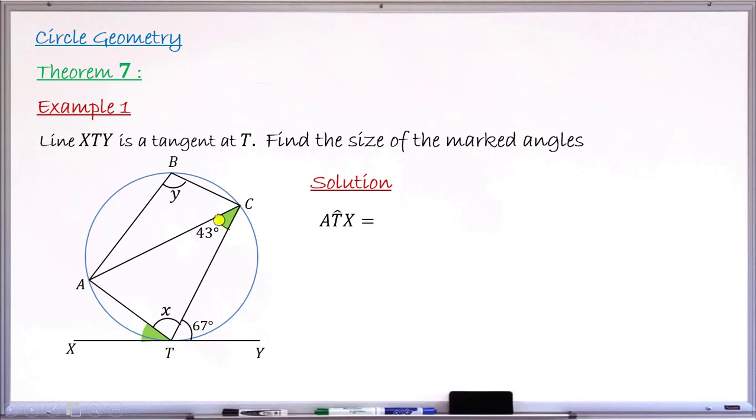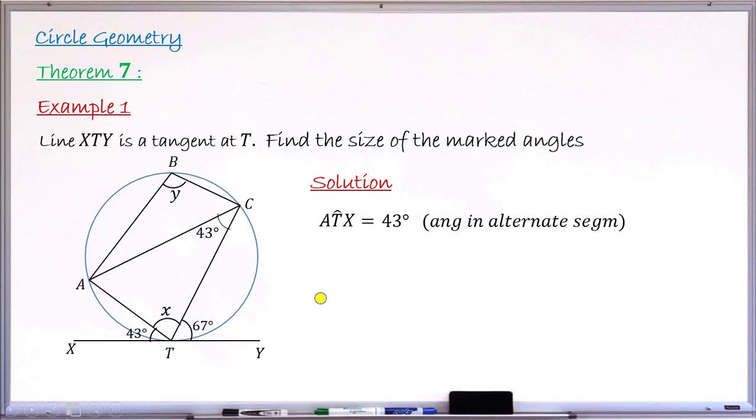Which means these two angles, look at them, I colored them green. The two angles are equal based on theorem 7 that we have just learned. So ATX, this angle, will be equal to 43 degrees. And the reason is it is angle in the alternate segment. So this angle would be 43 degrees. And I have these three angles, 43, x and 67, as angles on a straight line.